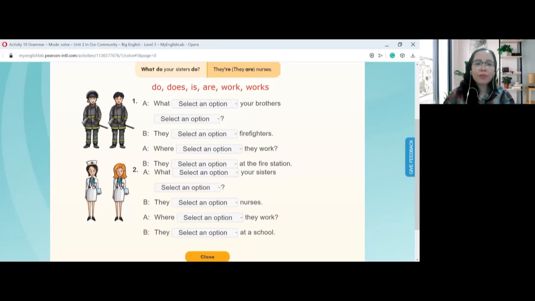you have to see carefully, yeah, is this subject singular or plural in the questions, yeah. All right, your brothers. So since there is S behind the word brother, so I'm going to select an option between do or does.